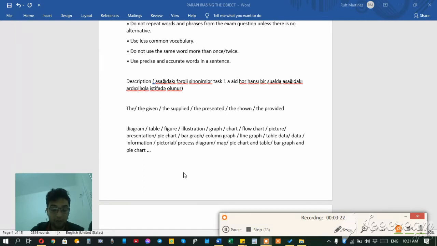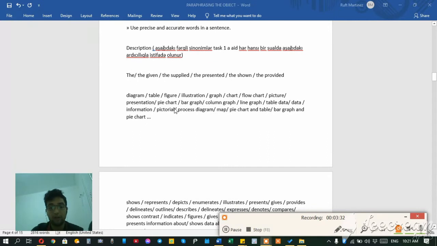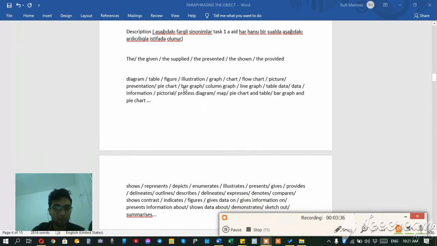It helps you form your question, to paraphrase your question in the right order. So these are the common things. We will talk about this in detail when we learn line graph, but in this class, please learn them all by heart. Check out what is a diagram, table, figure, illustration, graph, chart.